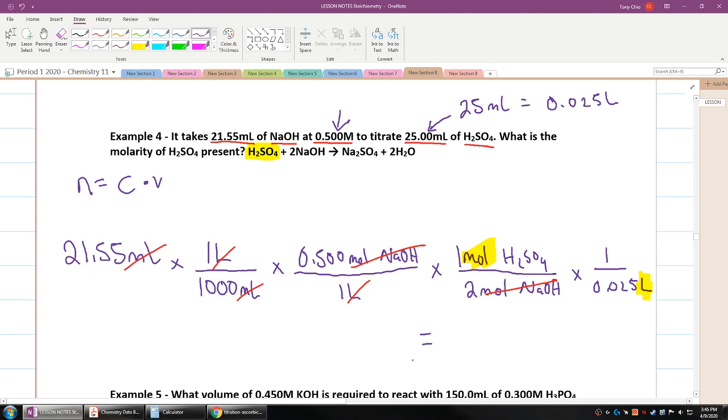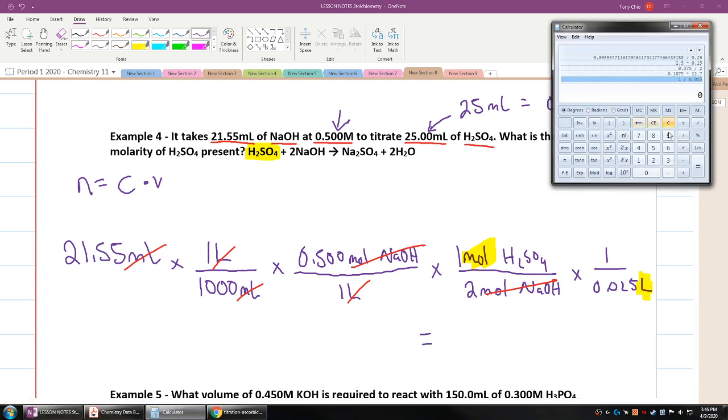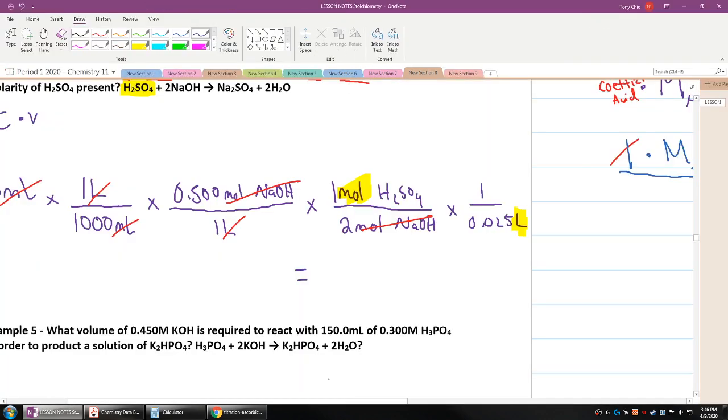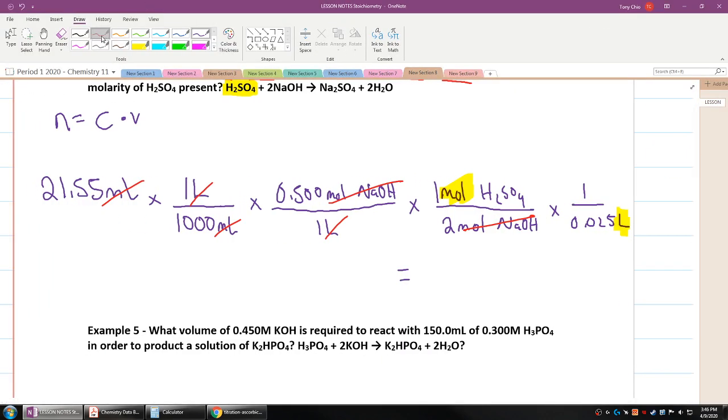So you punch this in your calculator: 21.55 divided by 1,000 to get to liters, times 0.5, divided by 2, divided by 0.025. And you're going to get 0.2155. So 0.2155 molarity is your concentration.